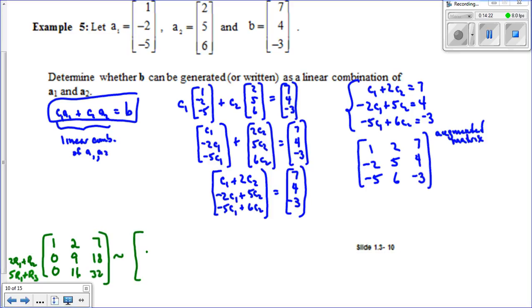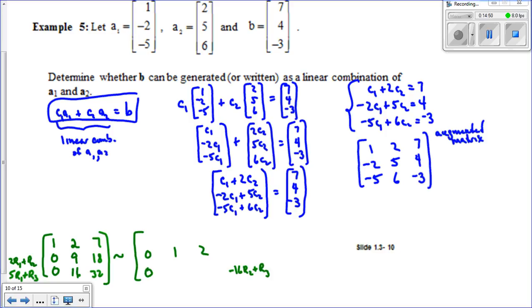Row 2, I'm going to change to 0, 1, 2 by multiplying through by 1/9. Notice I could change row 3 to 0, 1, 2 also if I wanted to make the numbers a little smaller, but I'm going to change those anyway. So now let me take negative 16 times row 2 and add it to row 3.